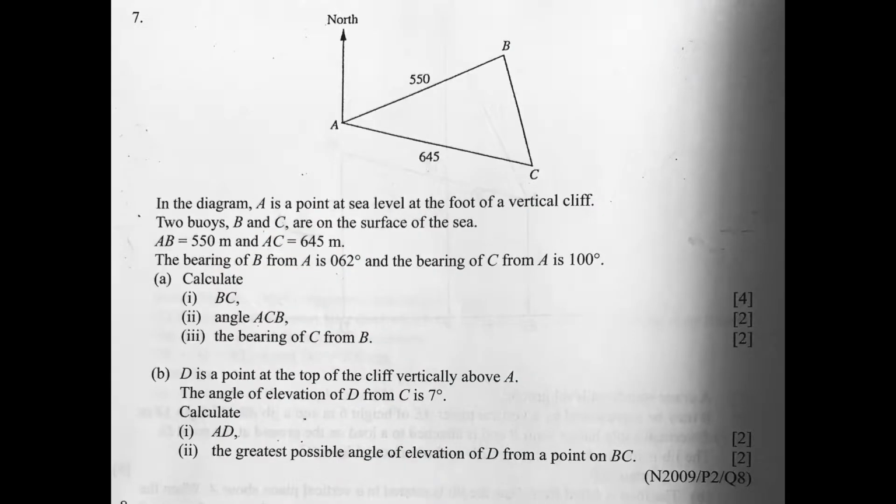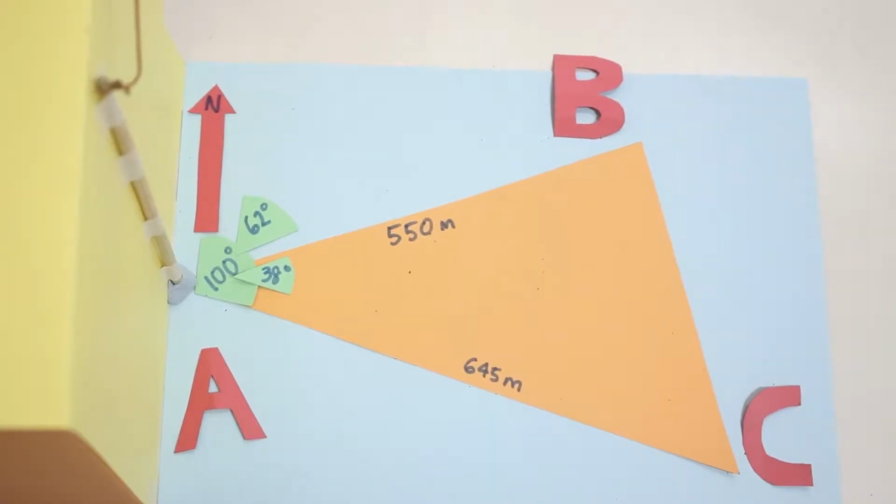Part 3, calculate the bearing of C from B. To calculate the bearing of C from B, we will first need to know which angle we are referring to.